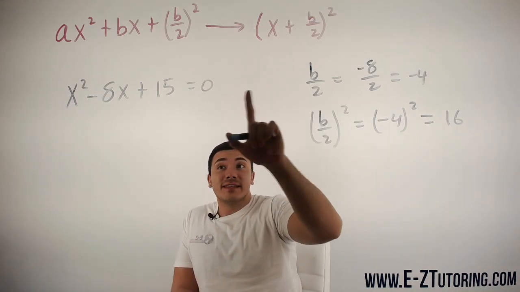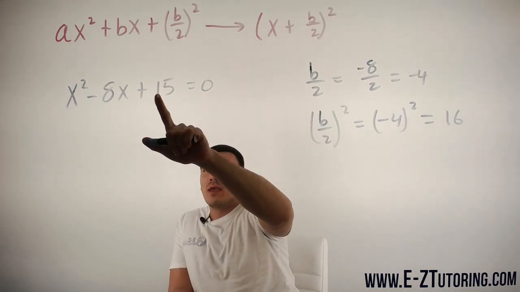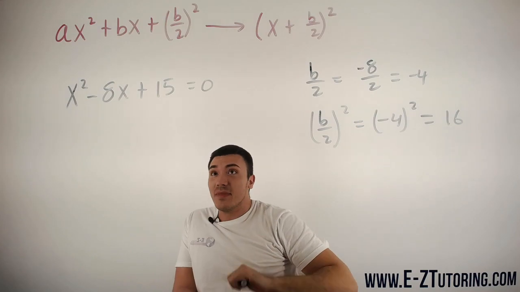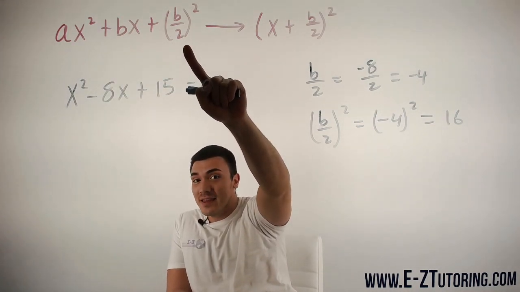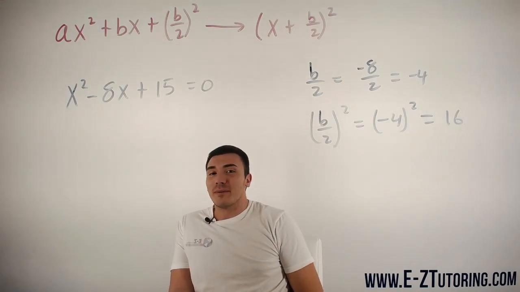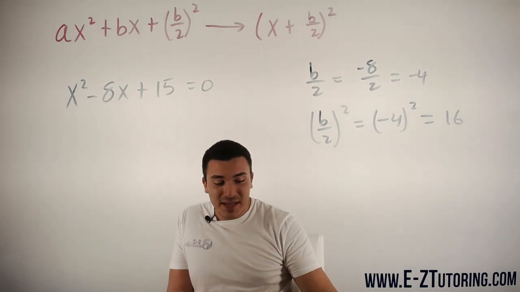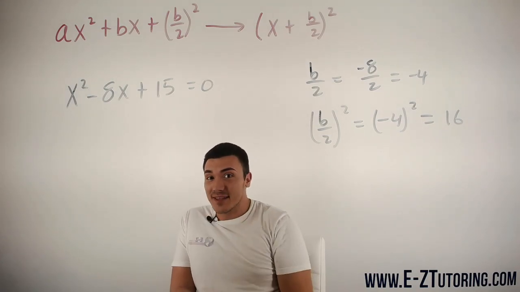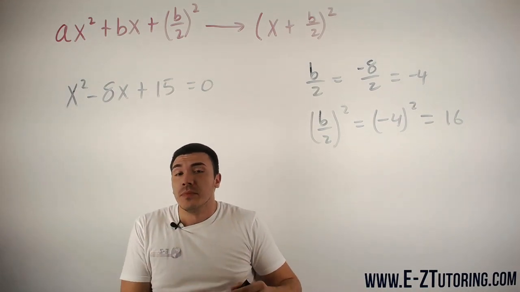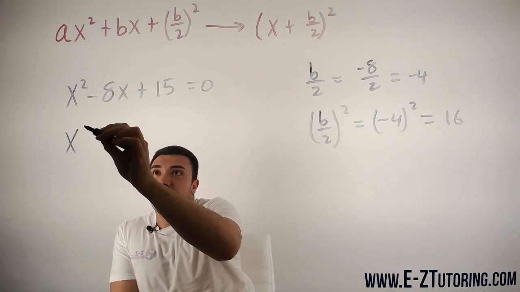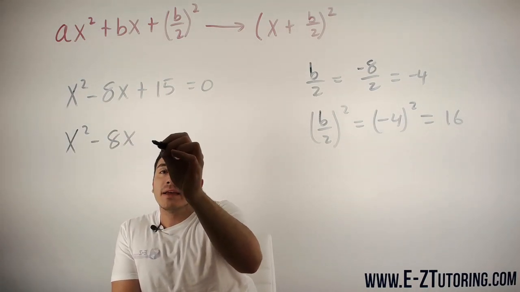So if we have plus 16 over here, then it will be in this form. And then once it's in this form, then we can complete the square. So we can only complete the square once we have plus 16. So now how do we add 16? There are two ways to do it. We will do minus 8x.